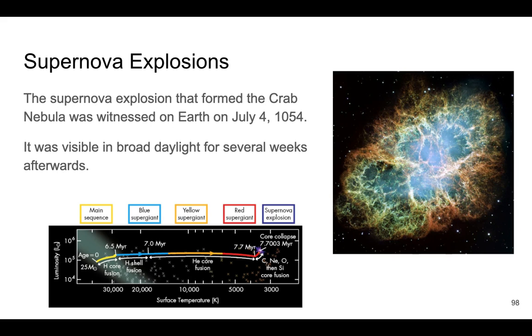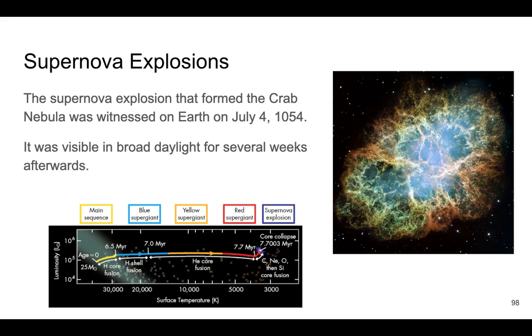So here's the Crab Nebula. We've looked at this before. The supernova explosion that formed the Crab Nebula was witnessed on Earth on July 4th. Hey, the 4th of July, but several centuries too early, in 1054. So this thing was so bright, you could see it during the day. Imagine looking up at the sky on a clear blue day, and over in one part of the sky, there's the sun, and then in another part of the sky, you see a star.